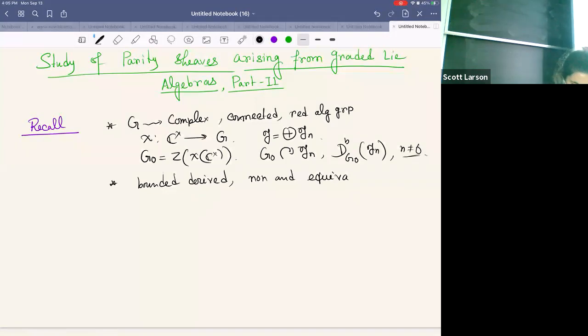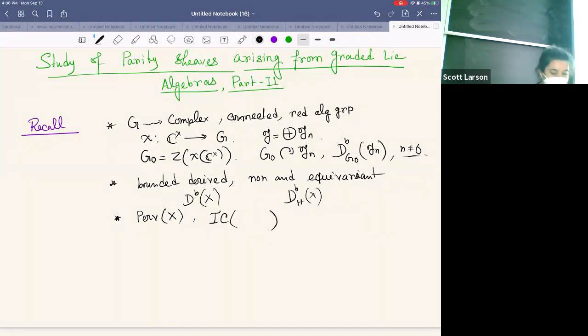So we denoted it by this. And then we talked about the perverse sheaves, which form an abelian category, both in the equivariant setting and non-equivariant setting. So I'm just writing the non-equivariant one. And then we talked about the simple objects in this category.